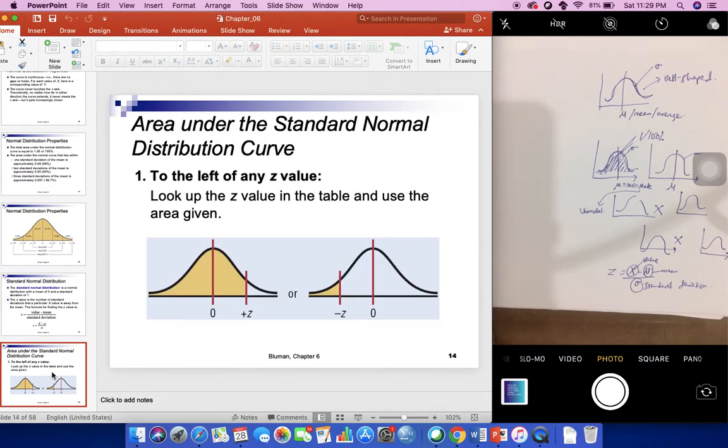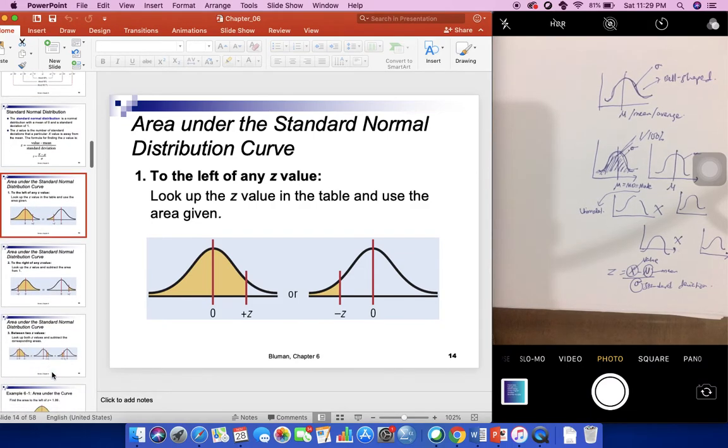Let's take a look at the first example: the area under the standard normal distribution curve to the left of any z value.